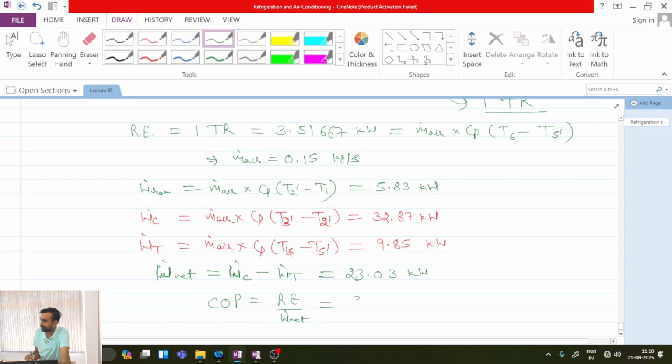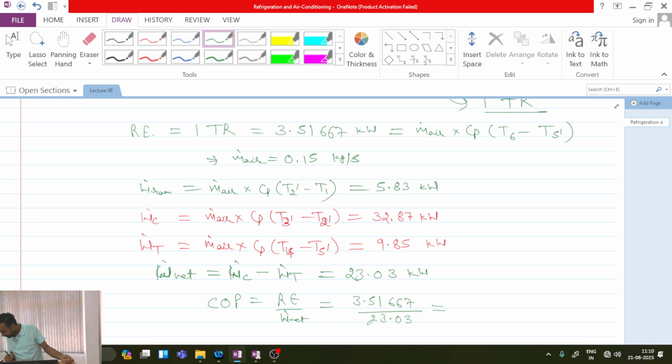Refrigeration effect is 1 ton of refrigeration, 3.51667, divided by 23.03. So how much is COP? 0.1527 is the COP of the system. Is this point clear? So you can see that the air refrigeration system under these conditions is having very less COP.